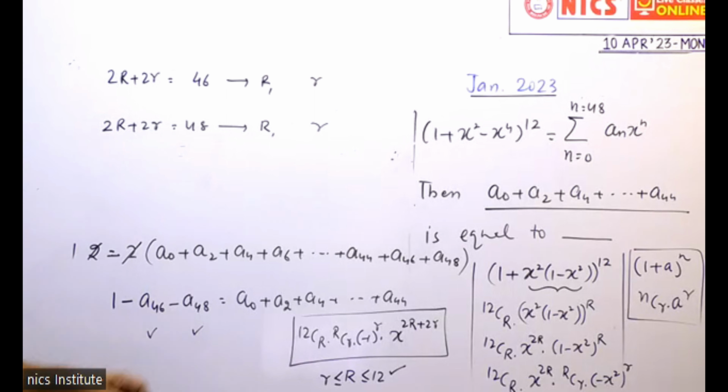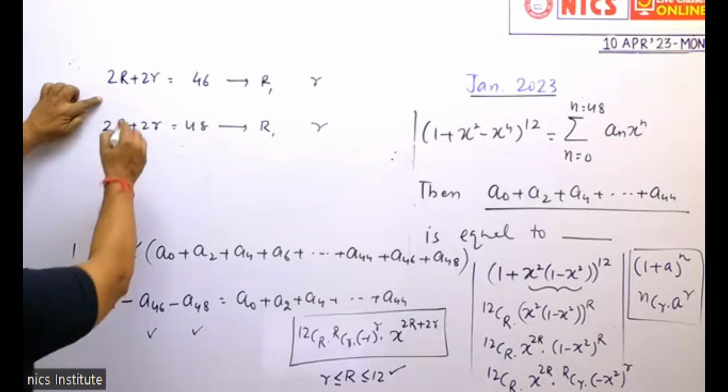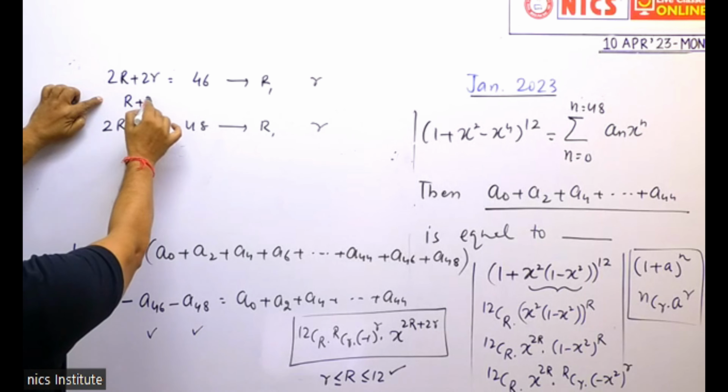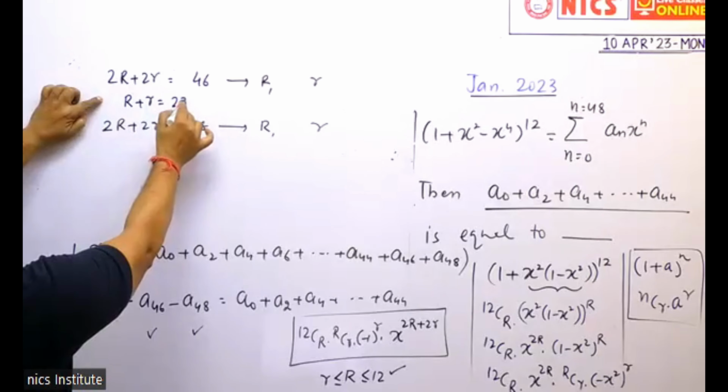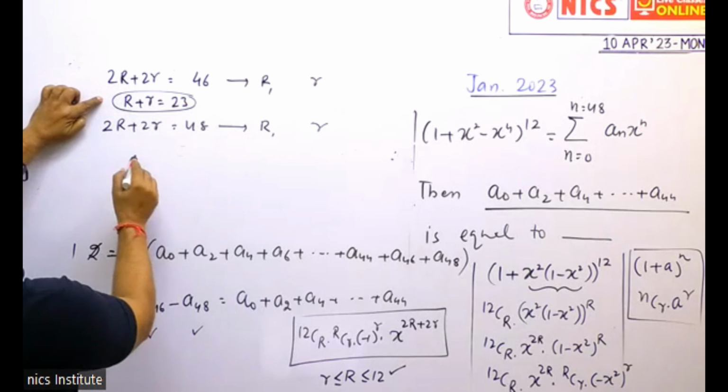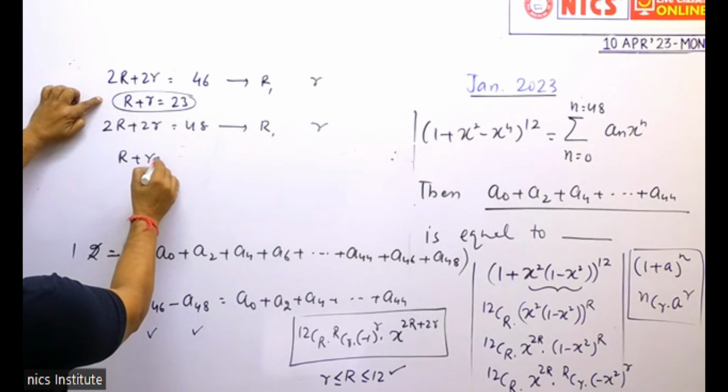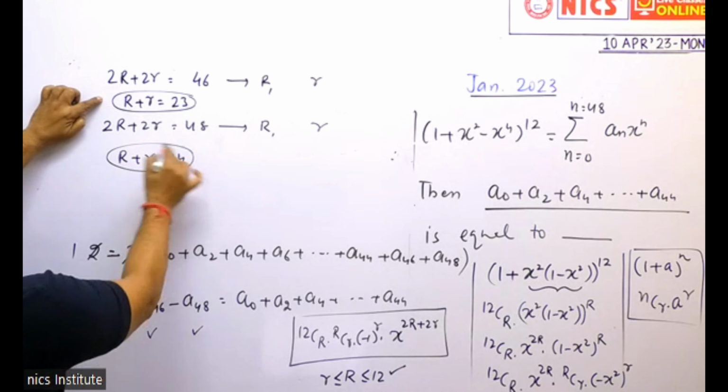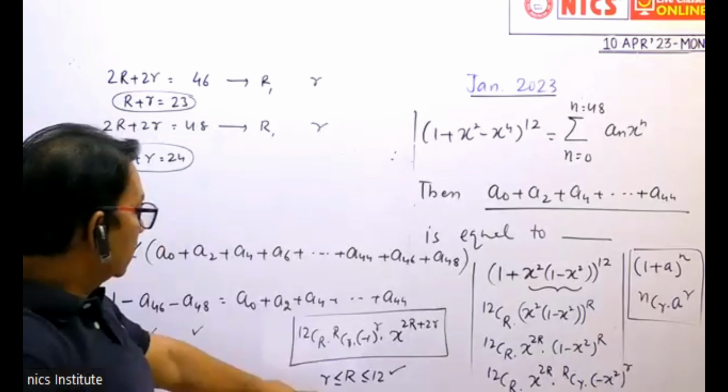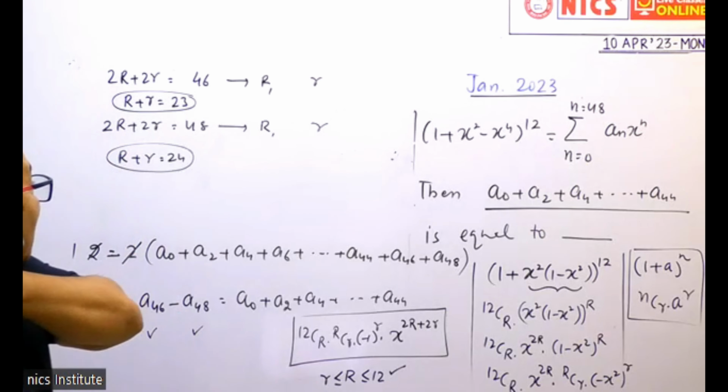Because these two terms I need to find out somehow. This is 23. Here R + r is 24. And you have to follow this. Capital R cannot be more than 12.